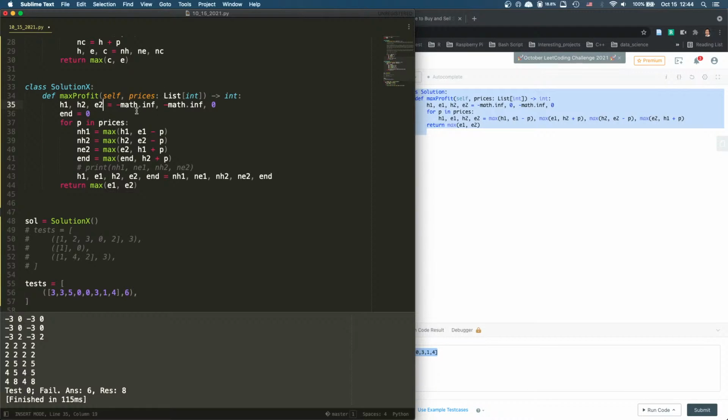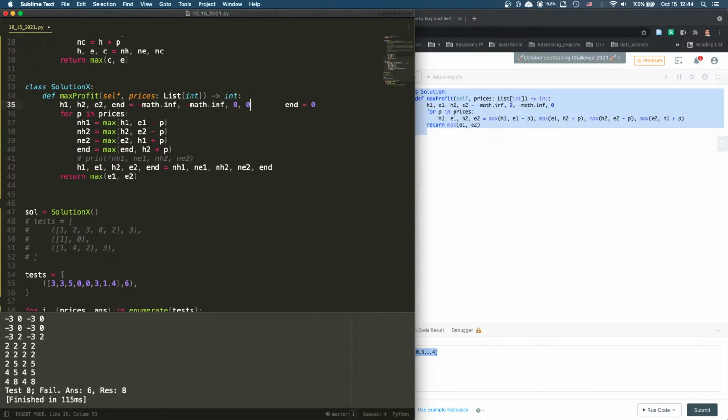We're still 4 states, but we have an end state. And this is just going to be minus P. And then I'm going to remove E1. And then we're going to try end and E2.